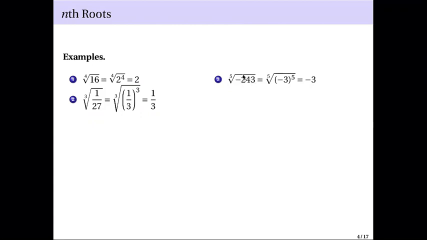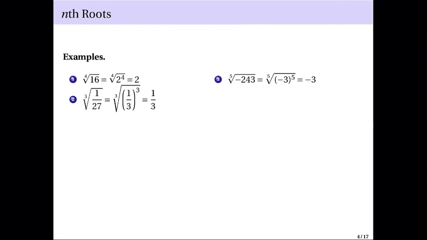Because, of course, your radicand here is negative, and your index is an odd number. So like I mentioned earlier, for an odd index, if you get the nth root of a negative number, it will give you a negative number also. If you get the nth root of a positive number, you will also get a positive number.